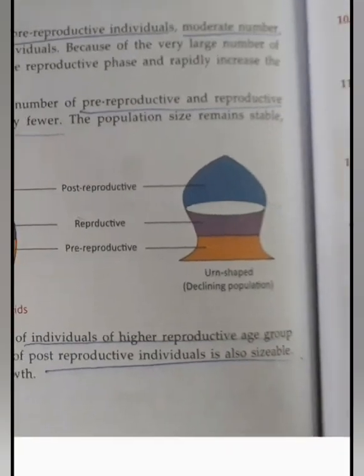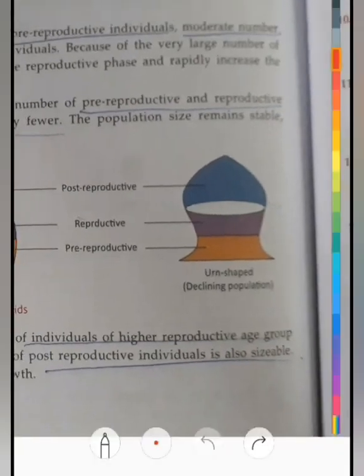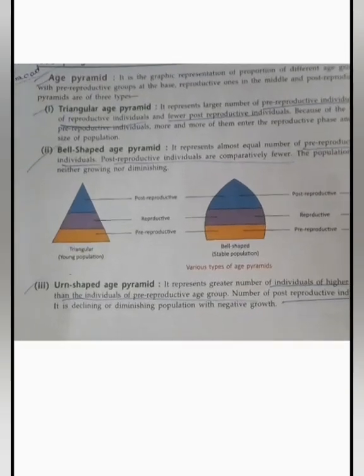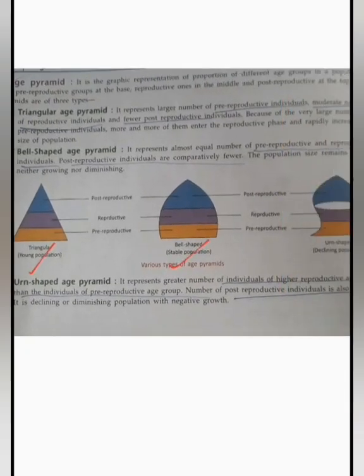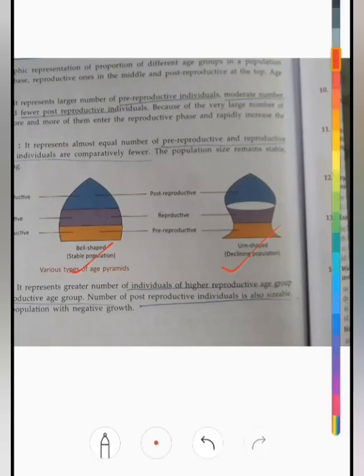The number of individuals in the population is declining slowly. So these are the three age pyramids: triangular, bell-shaped, and urn-shaped.